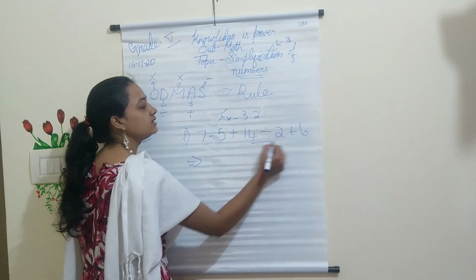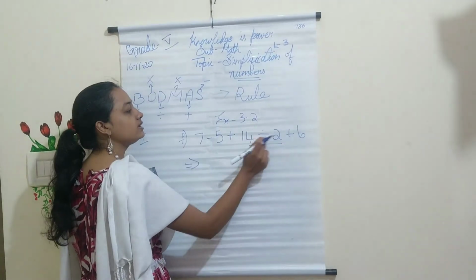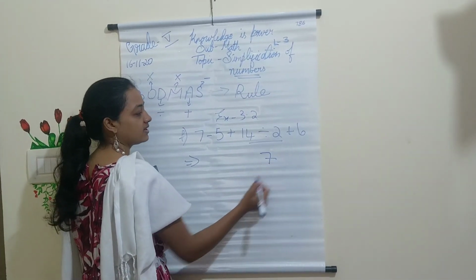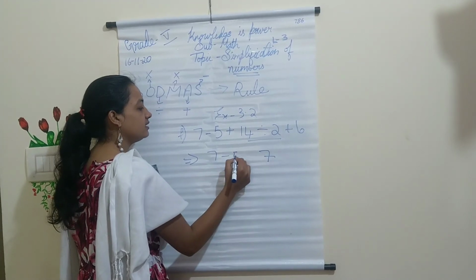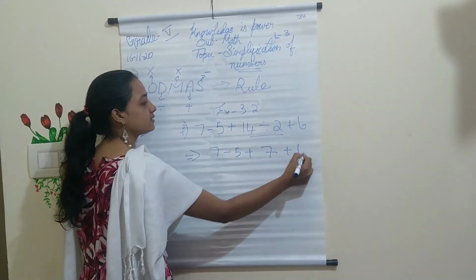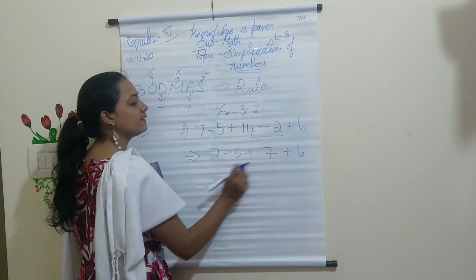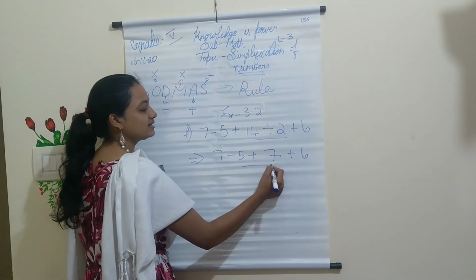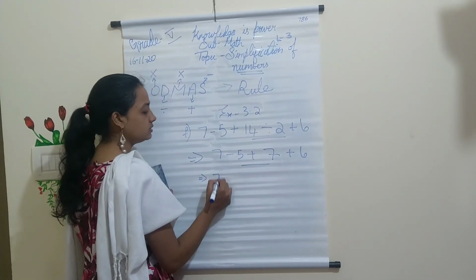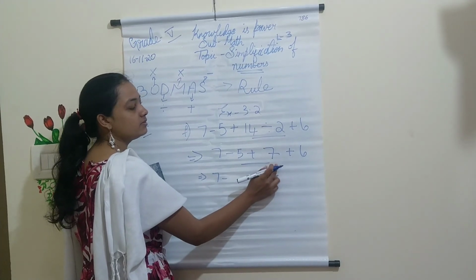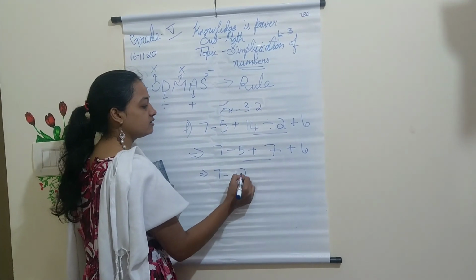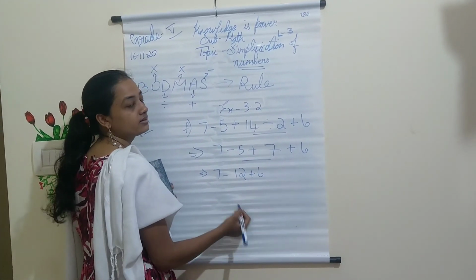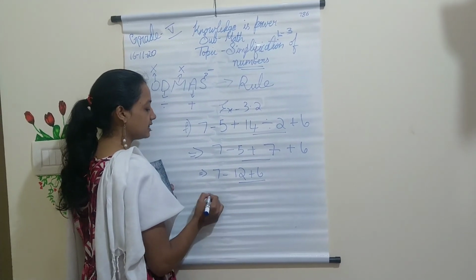So first one, division. 14 divided by 2 is 7. Write the other numbers. So I can see 2 times plus here, so I can start with any addition. I'll add first 5 and 7. Answer is 12. Next I'll add 12 and 6.